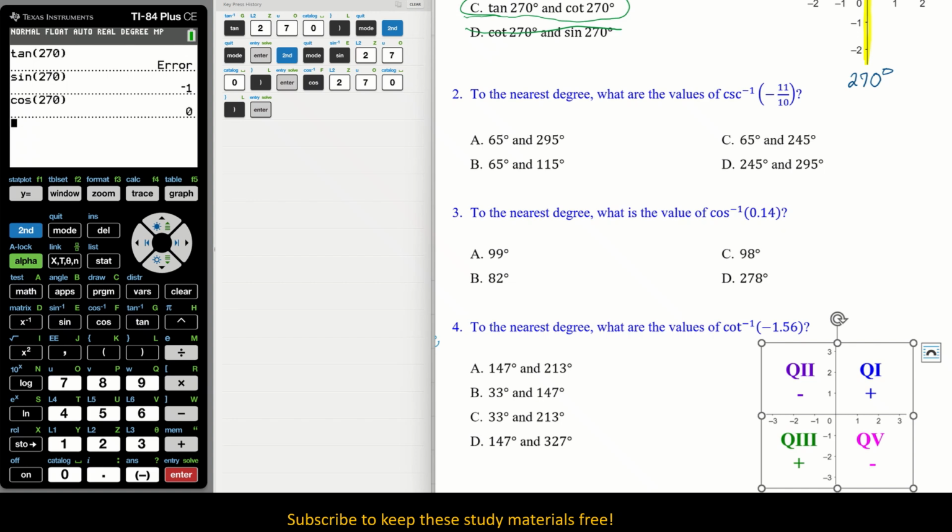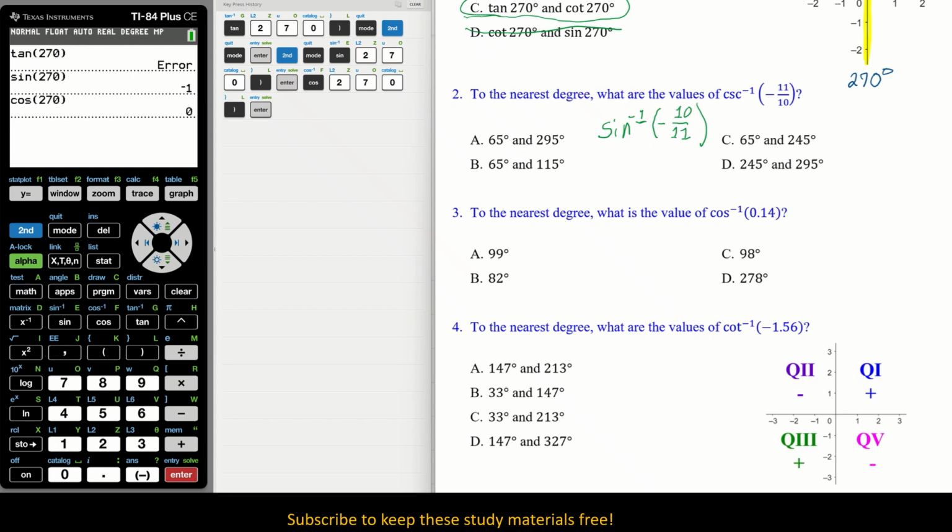So this is what you do. You take sine inverse and simply use the reciprocal of that fraction, so that would be 10 over 11.